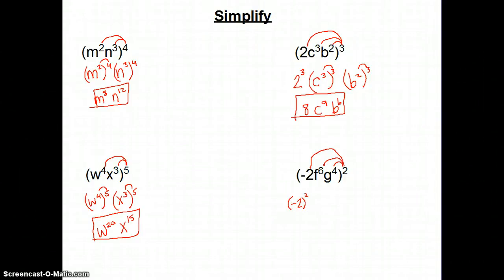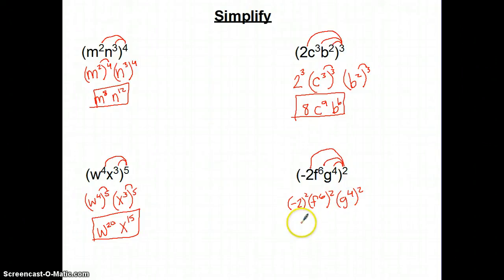I put it in parentheses because, as we've talked about before, if I do not put it in parentheses and I simply write negative 2 squared, this is only squaring the 2, not the negative as well. But I want to be sure to square the entire base of negative 2, which is why I write it in parentheses. F to the 6th is going to be raised to the 2nd power, and g to the 4th is also going to be raised to the 2nd power.